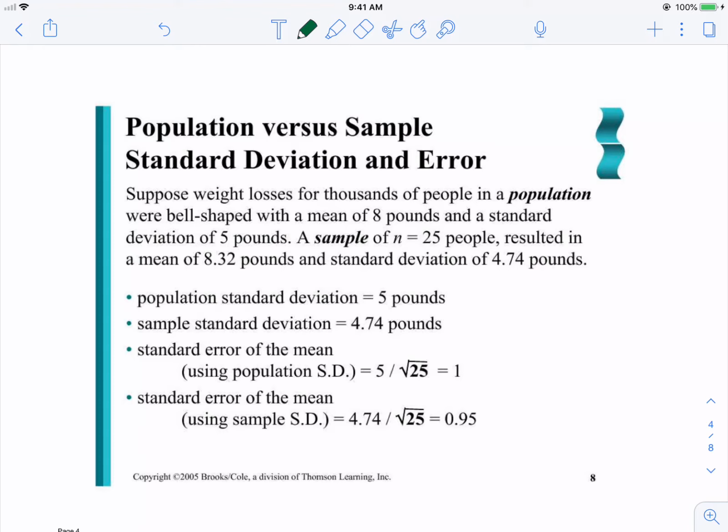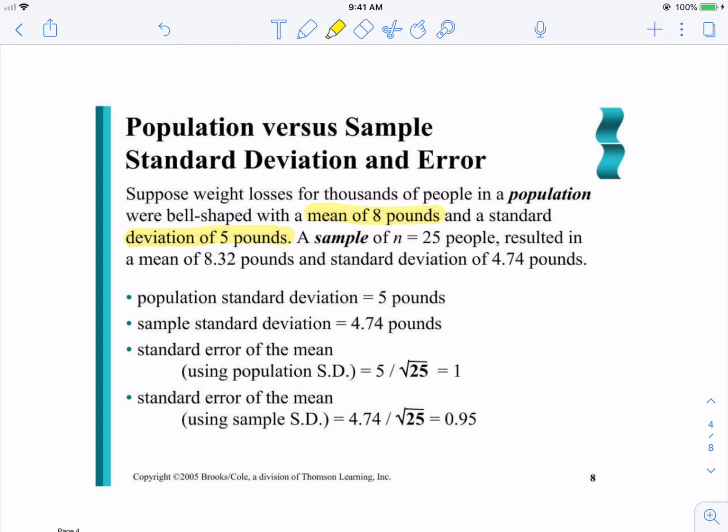So here's the example that we looked at in the previous lesson that was talking about these sample means. It's a weight loss example, and you're taking a sample from the population, and again, in the entire population, you know the mean is 8 pounds and the standard deviation is 5 pounds.